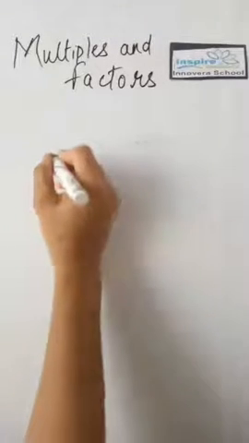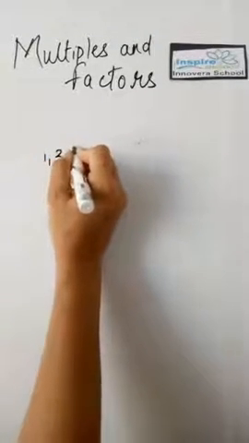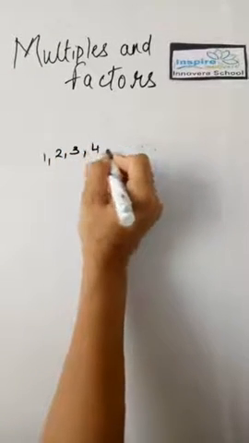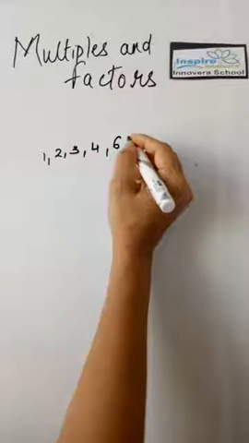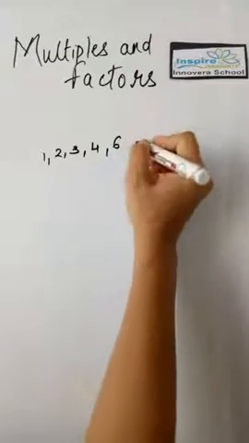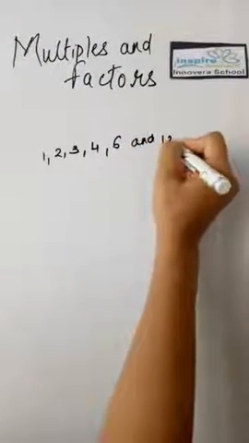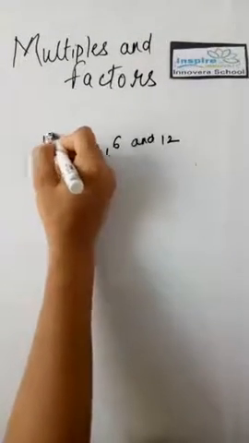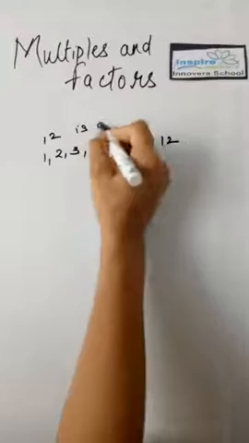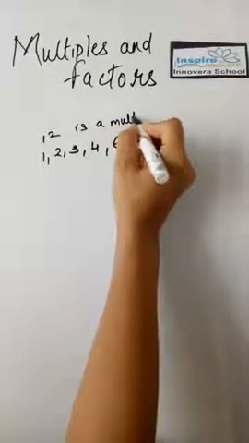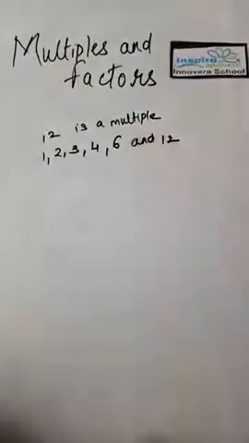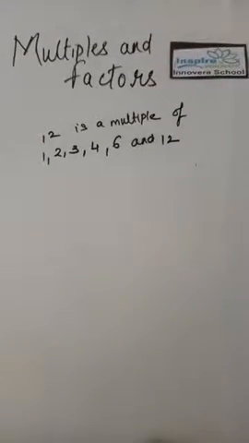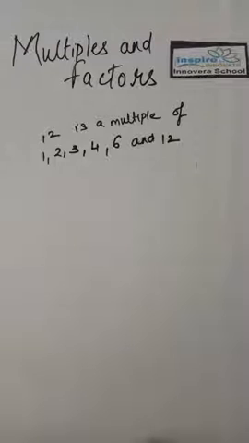Yes? See, 1, 2, 3, 4, 6 and 12. 12 is a multiple of 1, 2, 3, 4, 6 and 12. And they are called the factors of 12 also.